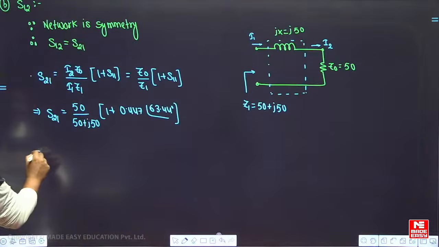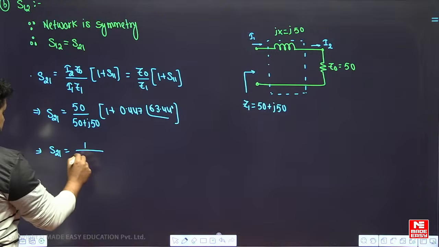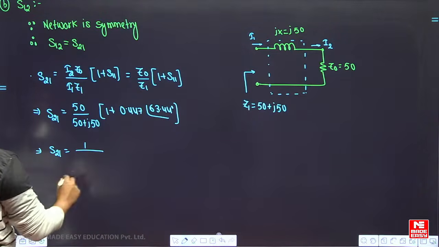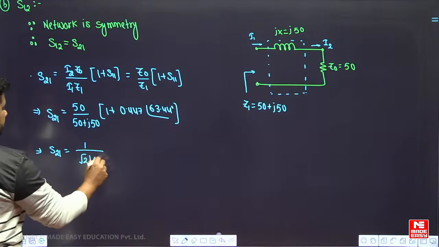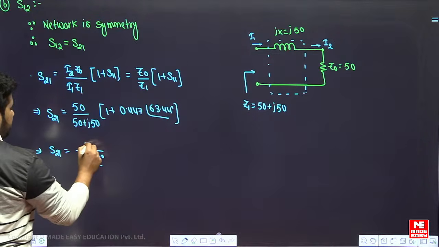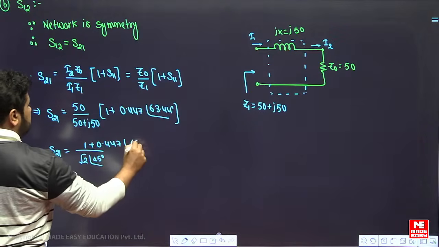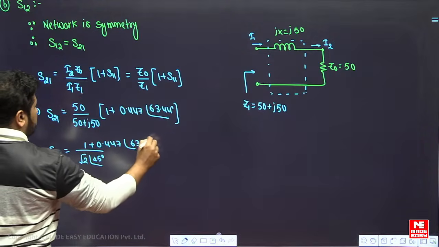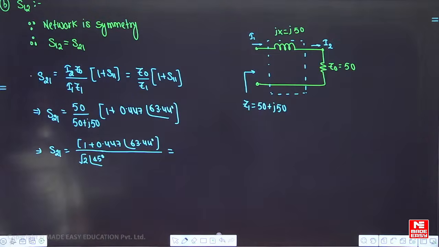From here I will get the value of S21. So S21 is equal to 1 upon (1 plus j), and 1 plus j is root 2 at an angle of 45 degrees, into (1 plus 0.447 at an angle of 63.44 degrees). So let us calculate this value.